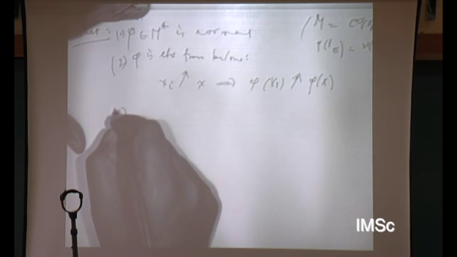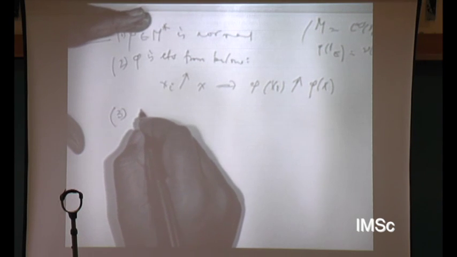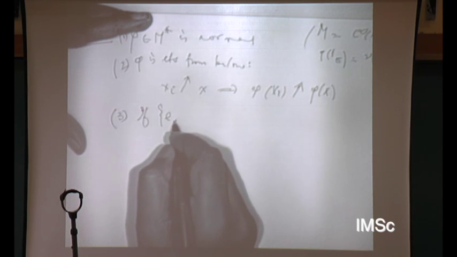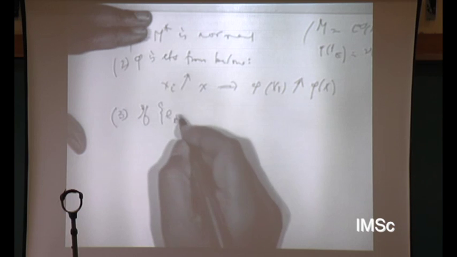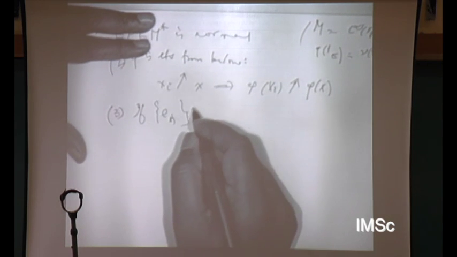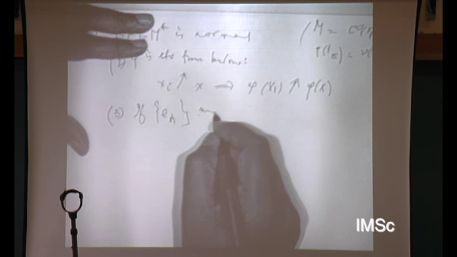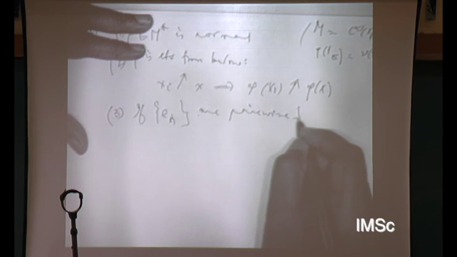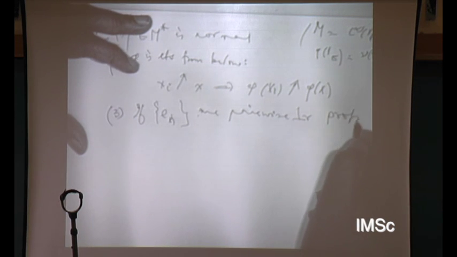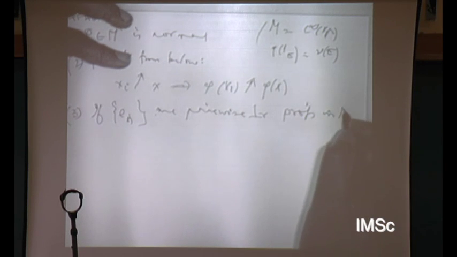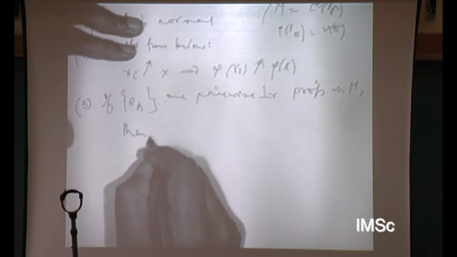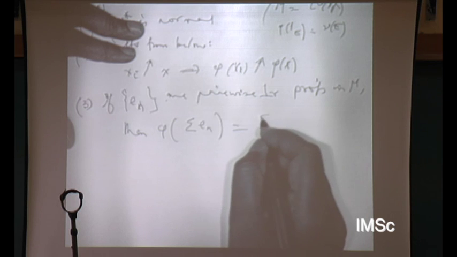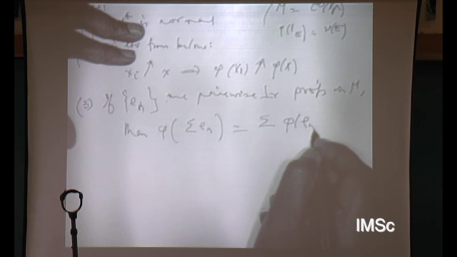Another version is, in the separable case, so I only need to look at countable families, if E_i are pairwise orthogonal projections in M, then phi is countably additive.